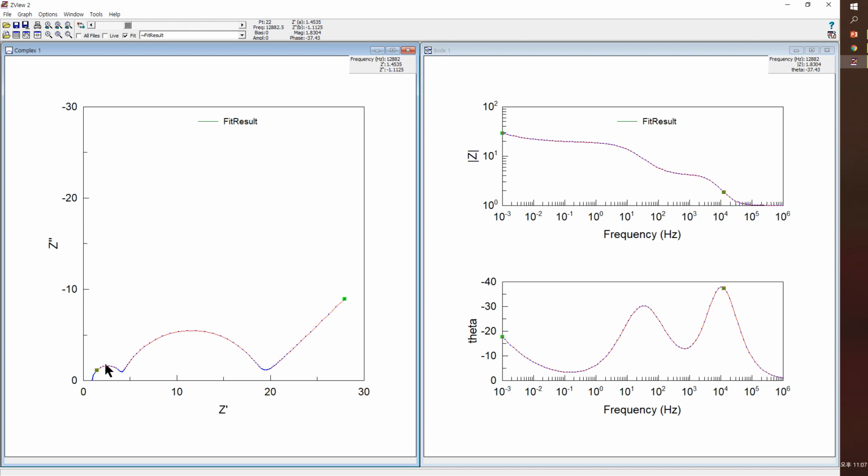So you could find the values of this point. So in this case, frequency 12882, and the real part of the impedance like that, and imaginary part of impedance like that.